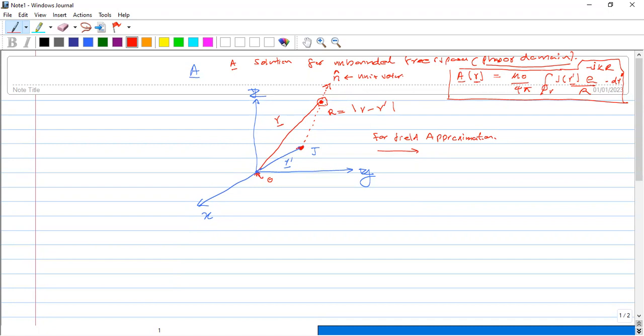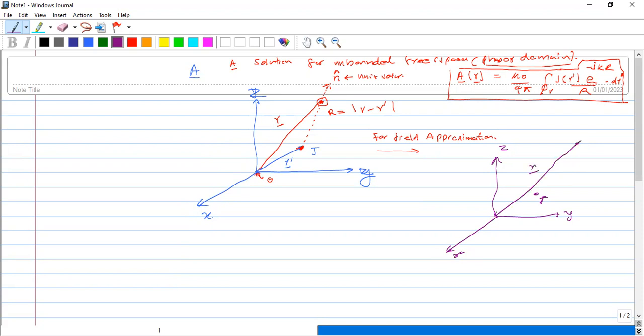So due to this far field approximation, we can assume the following. I will draw it here: y, x, this is the current distribution J, and the position is very far away. This is the position vector for that location, that is R bar.